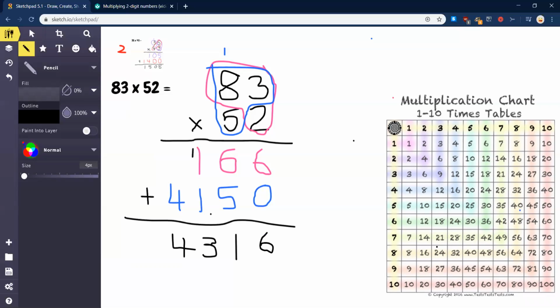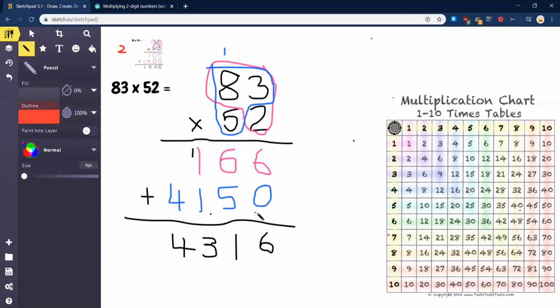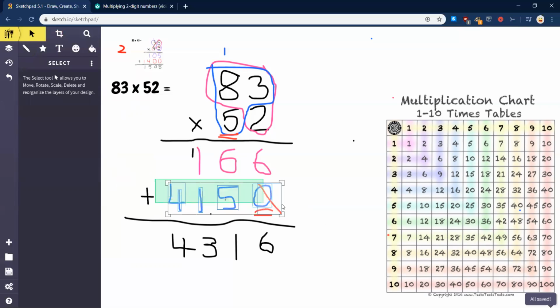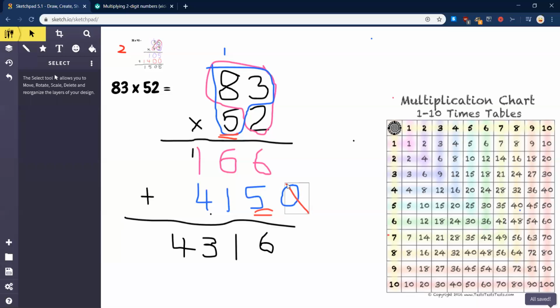Don't be afraid of using the chart over here. Make sure you don't forget the 0 here. When you multiply by this number, make sure you put a 0 in there every single time on the second line. That's really important, because if you didn't have that, you'd have a completely different answer.